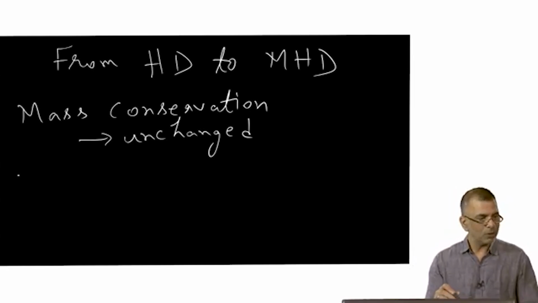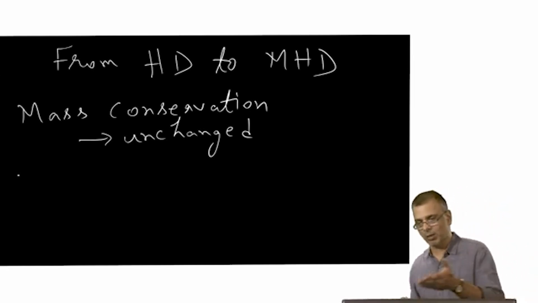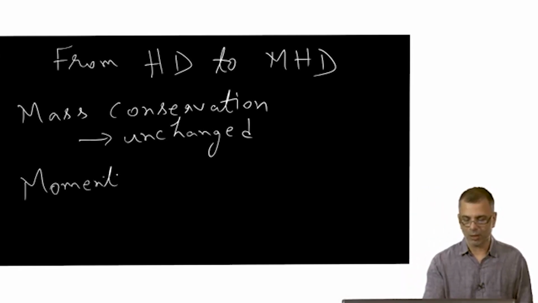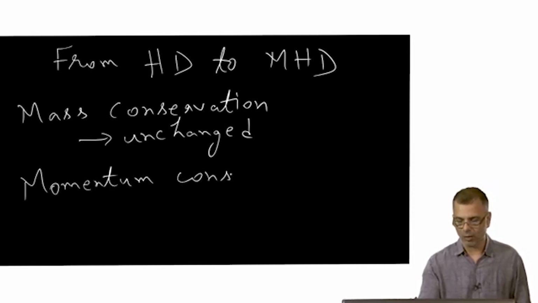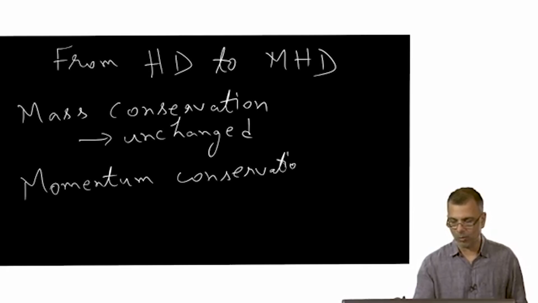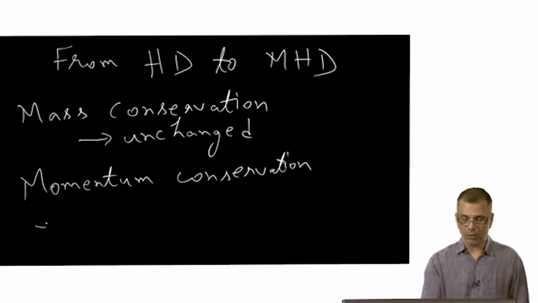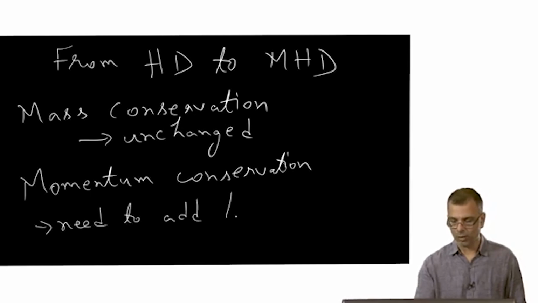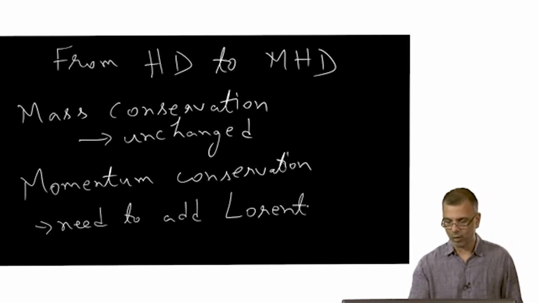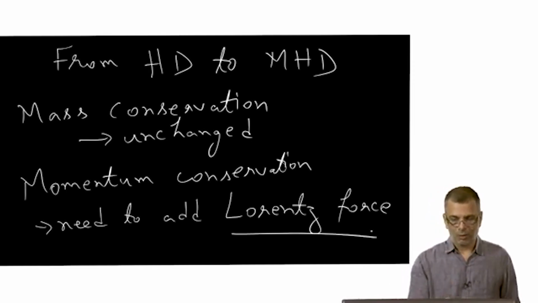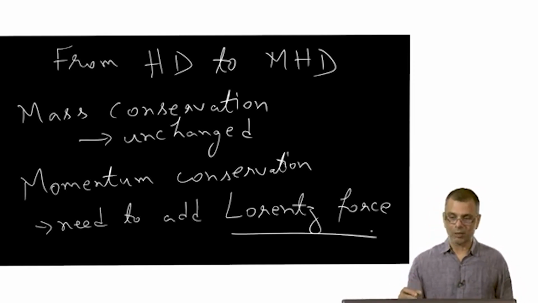Momentum conservation. What was new in the momentum conservation equation when we did magnetohydrodynamics? You remember that the one thing that was new was you need to add the Lorentz force, the J cross B force, right? So this is the new thing.